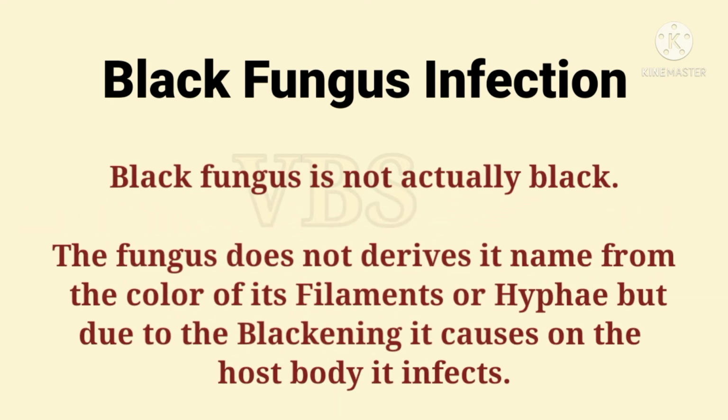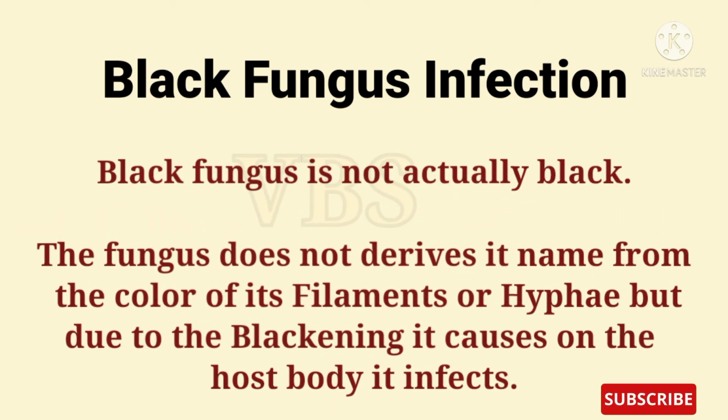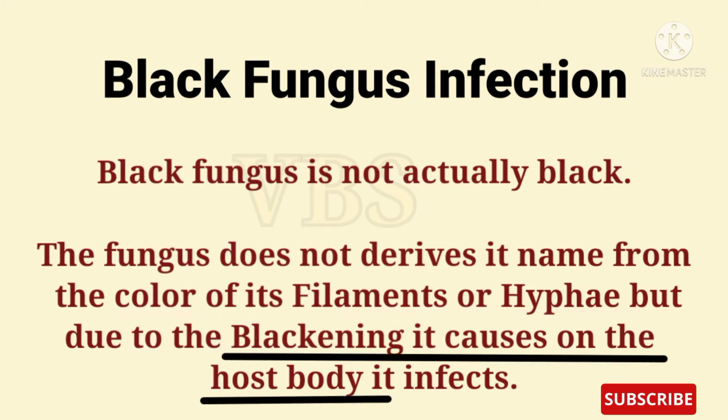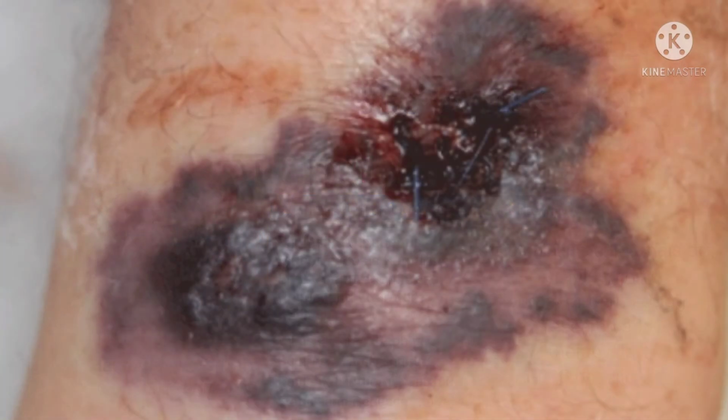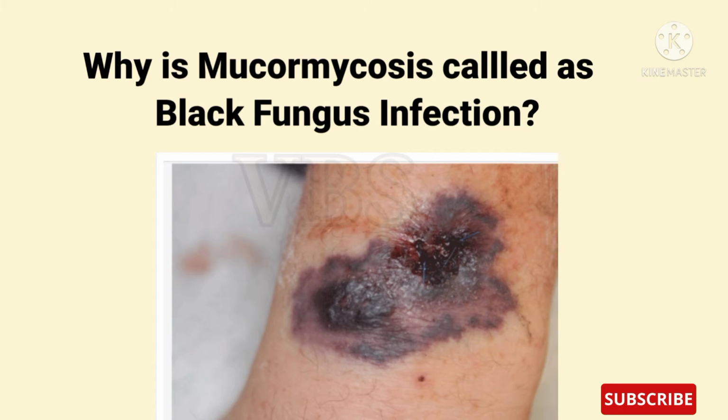The fungus does not derive its name from the color of its filaments or hyphae, but from the blackening it causes on the host body it infects. The tissue becomes dark, almost black in color. So we call it black fungus. We learned why mucormycosis is called black fungus infection.